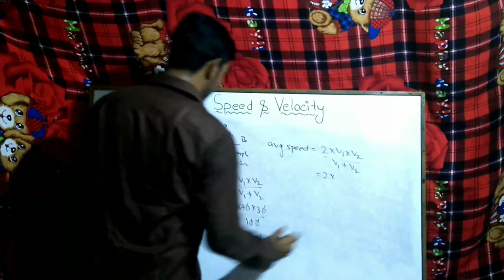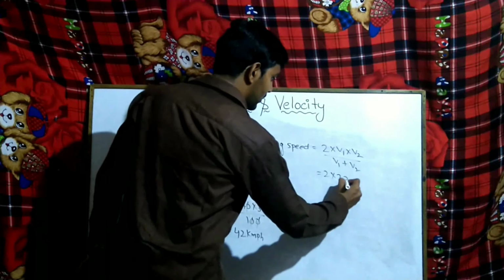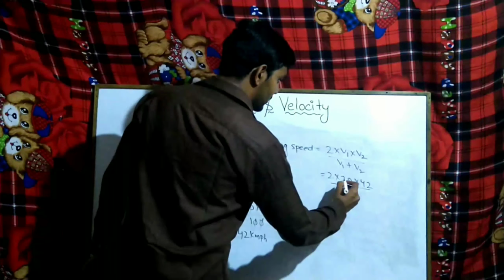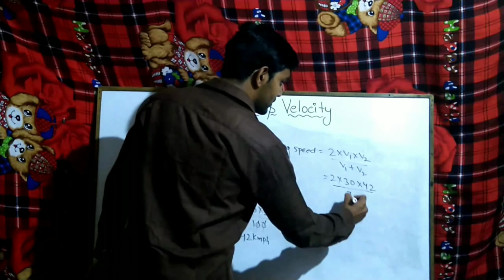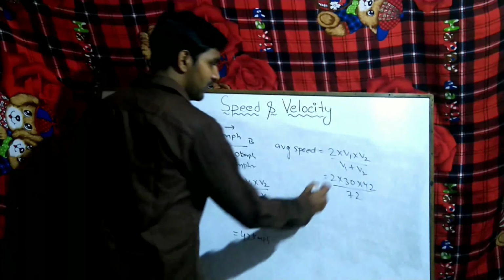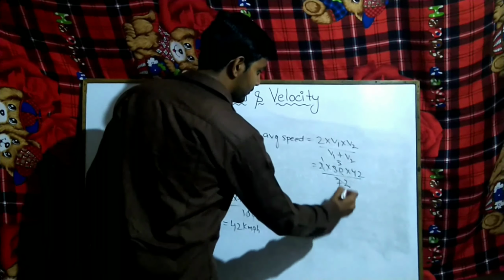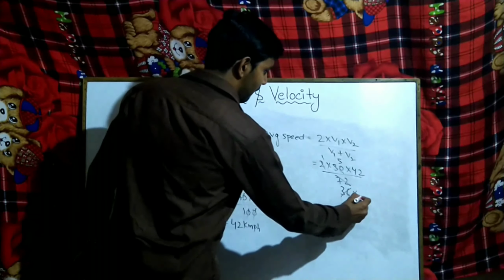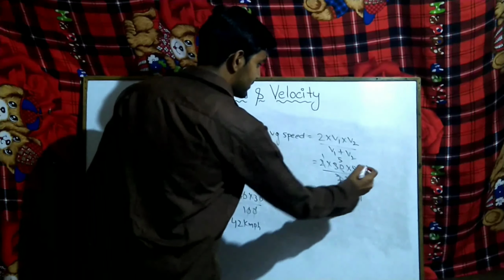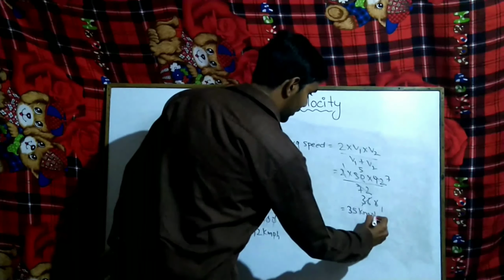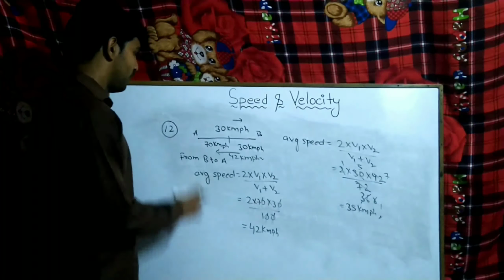So 2 into 30 into 42 by 30 plus 42, 72. Okay, so 1 time 36. So 5 time, 6 time, 1 time, 7 times. So 5 sevens are 35 kilometer per hour. So this is the answer for the 12th one.